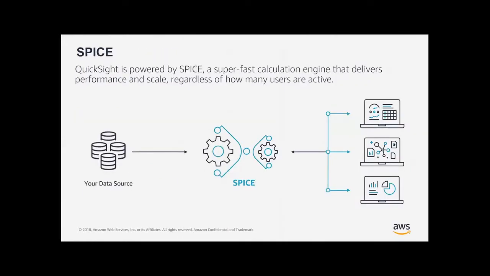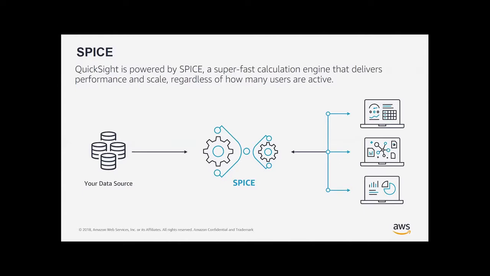When you connect to these data sources, you can connect in two ways. You can either do a direct connection, live to the underlying database, or you can import data in memory into SPICE. SPICE is the query engine and in-memory database that we have built in as part of QuickSight. The reason that you'd be using SPICE is basically to improve the performance of the data that's serving your dashboards.